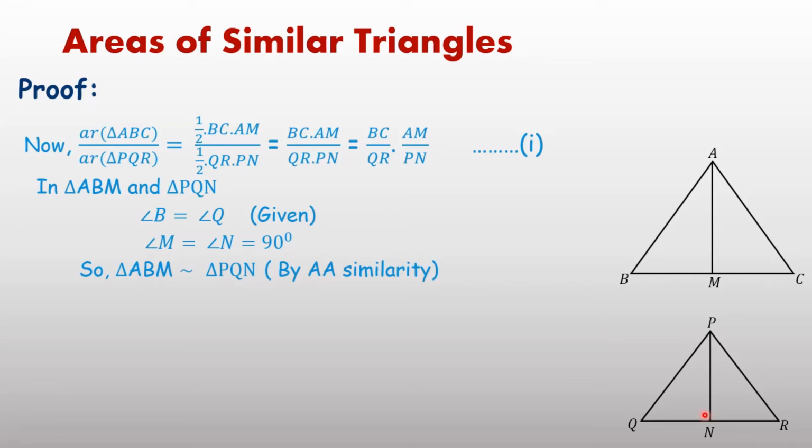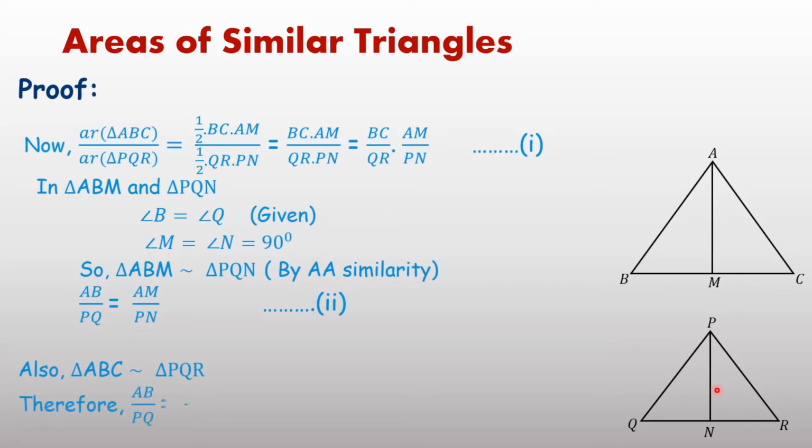And if these two triangles are similar, then corresponding sides are in the same ratio, meaning AB upon PQ equals AM upon PN. Equation second. Also, it is given that triangle ABC is similar to triangle PQR, which means corresponding sides are in the same ratio: AB upon PQ equals BC upon QR equals CA upon RP.